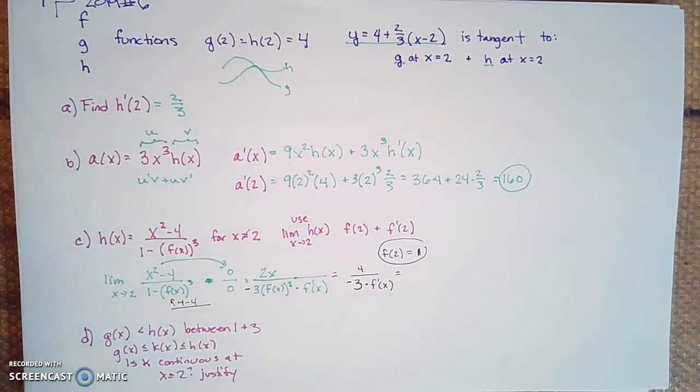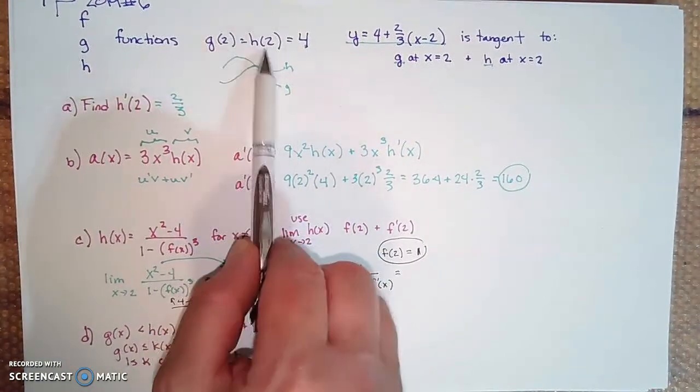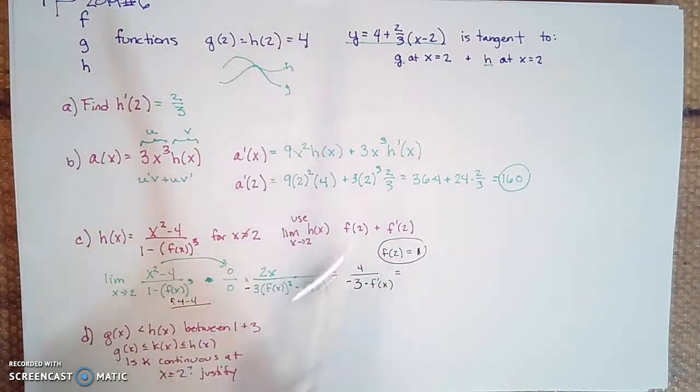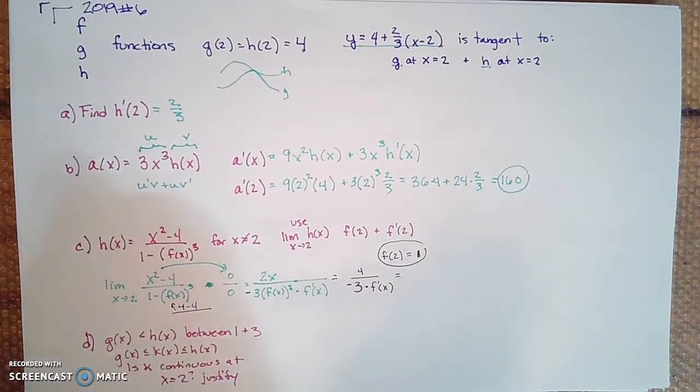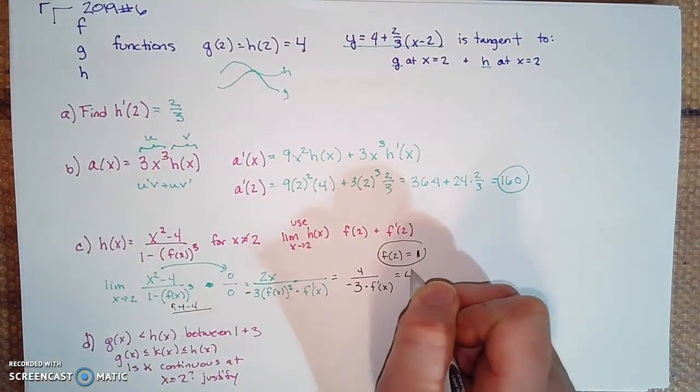So the question is, what is that going to be equal to? Well, if I'm looking for the limit as x approaches 2, and I know all these functions have the same value of h of x, I know that h of 2 is 4. That means that the value I have to approach for this function has to be 4.